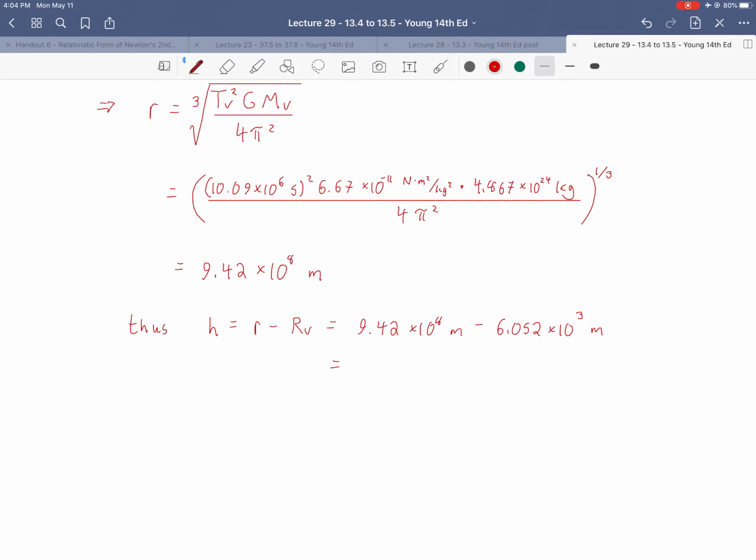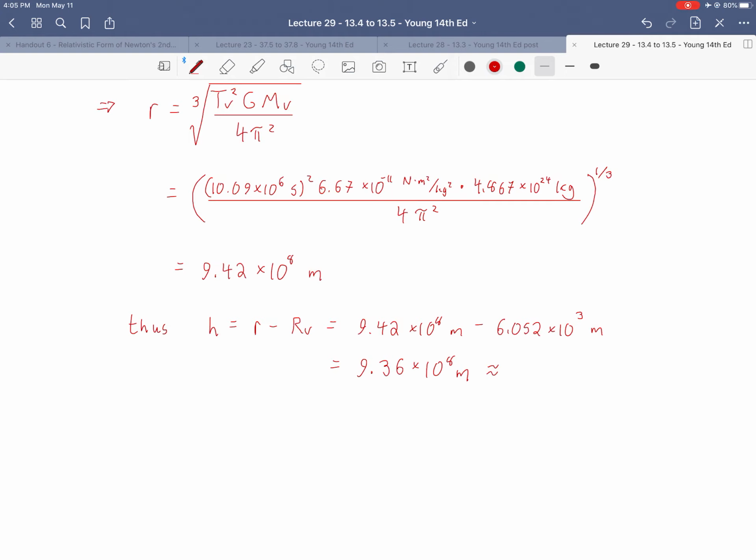All right, so then we get 9.36 times 10 to the 8 meters. And then let's find out how many Venus radii that is.